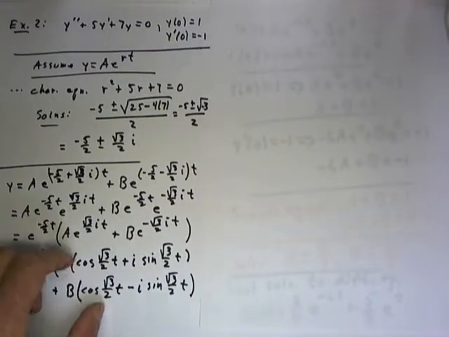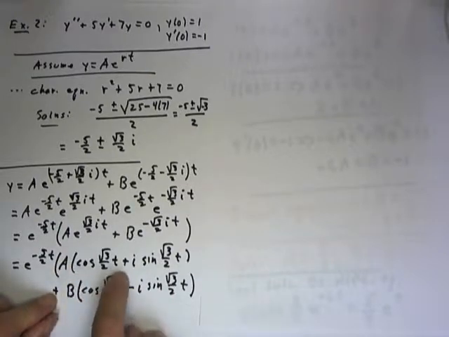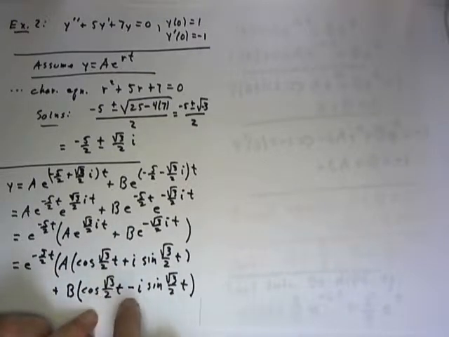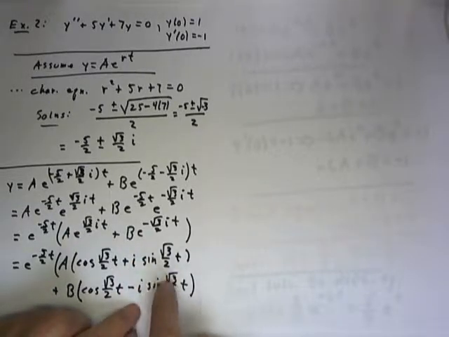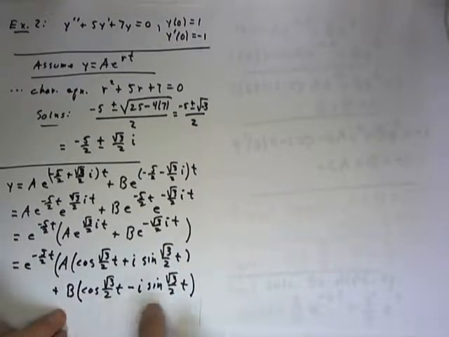Now, if we simplify a little further, we see that we have both an a and a b times the cosine of the square root of 3 over 2 t, and i times a times the sine of square root of 3 over 2 t, and negative b times the sine of square root of 3 over 2 t.